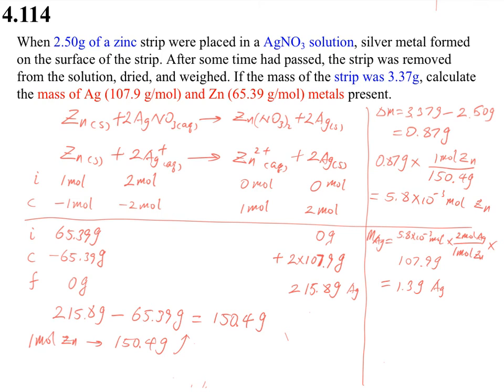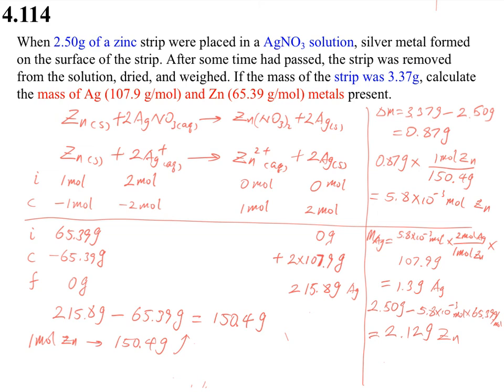So the mass of zinc is 2.50 gram, the initial mass, minus 5.8 times 10 to the negative 3 mole of zinc multiplied by the molar mass of zinc, 65.39 gram per mole. We do the whole calculation and it gives us 2.12 gram of zinc.